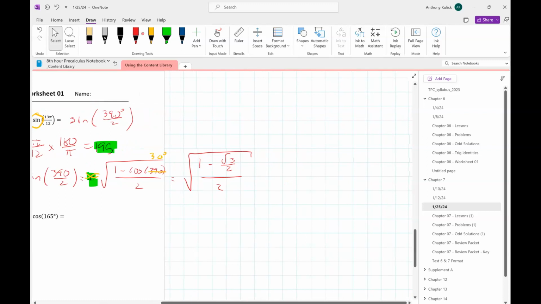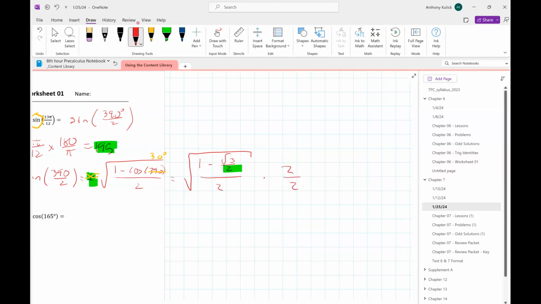So all I need to do now is get this into an appropriate form for my answer. All the tricky parts are done. I'm just going to do a little simplifying now. The thing I don't like about it is I have a fraction inside of a fraction. So what I need to do is multiply by 2 to the top and bottom, but I can't multiply a regular 2 inside of a square root. So I'll just put a square root around the whole thing.